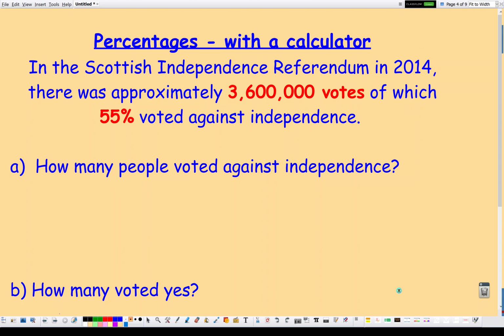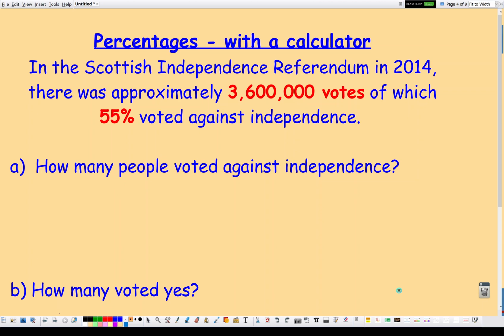In the Scottish independence referendum in 2014, there were approximately 3,600,000 votes, of which 55% voted against independence. I can't remember if we have already done this question or not, but going straight from the percentage to a decimal, can you tell me how many people voted against independence? You should be able to do this very quickly.